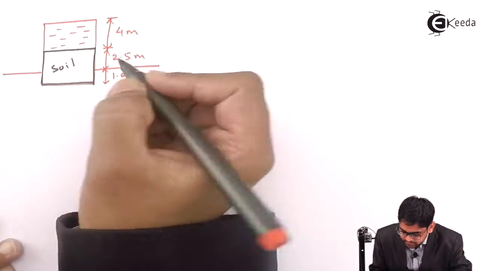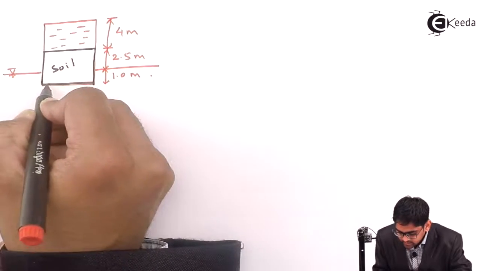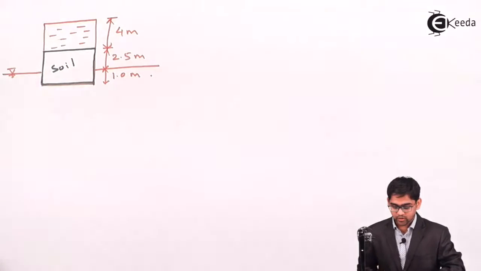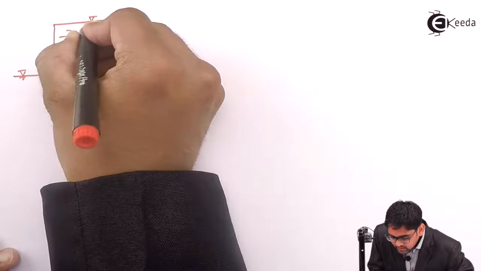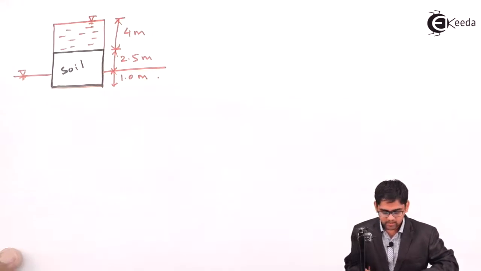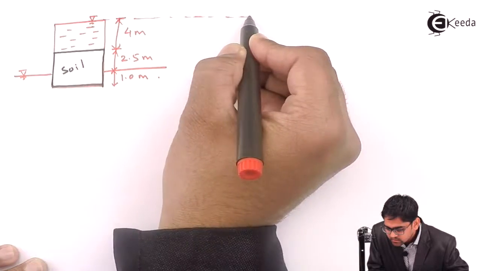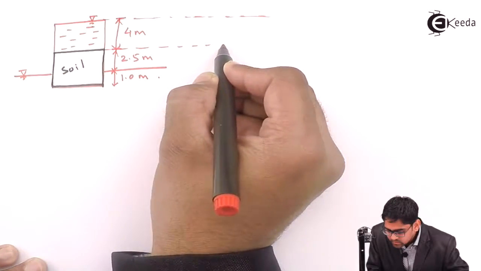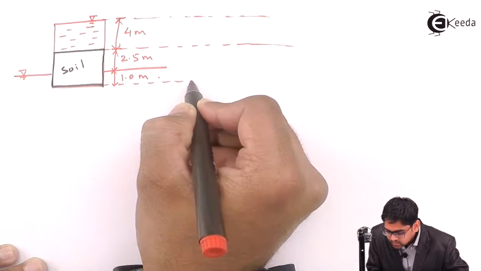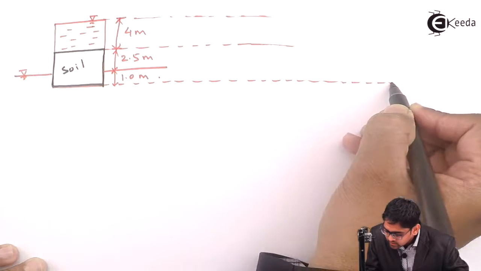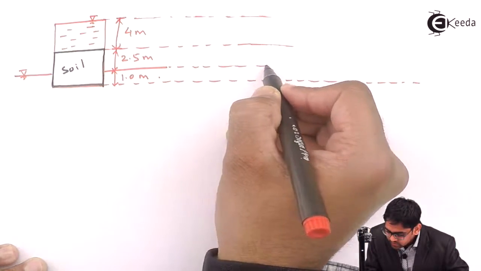So this is the water level at the exit face of the soil. This is the water level at the entry face of the soil, and I'll extend these particular levels in order to draw the total, neutral and effective stress diagram.